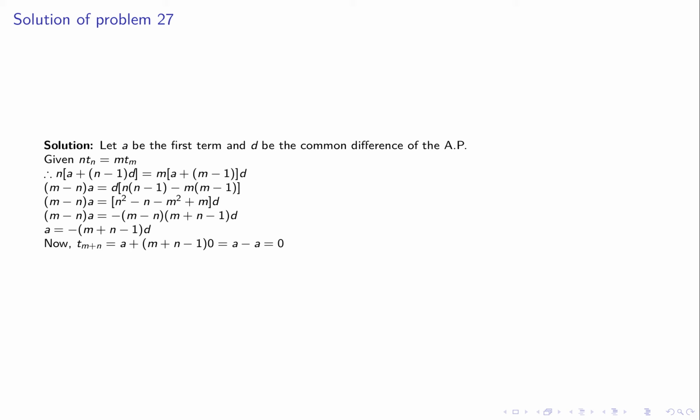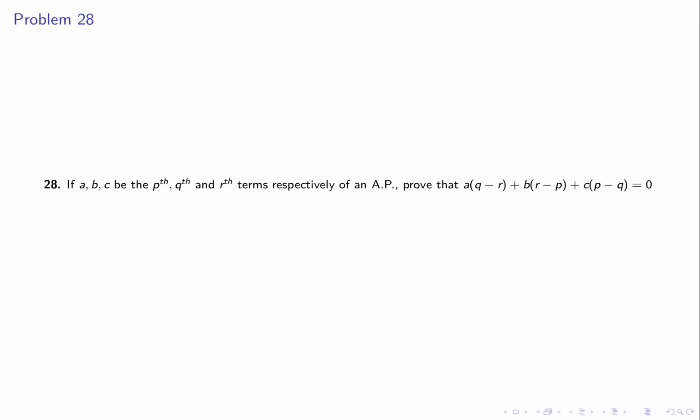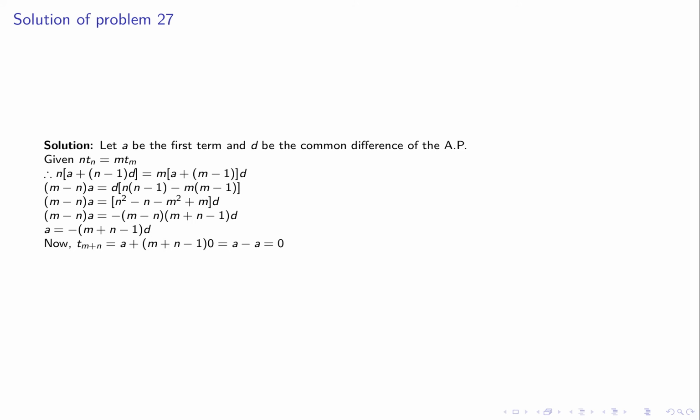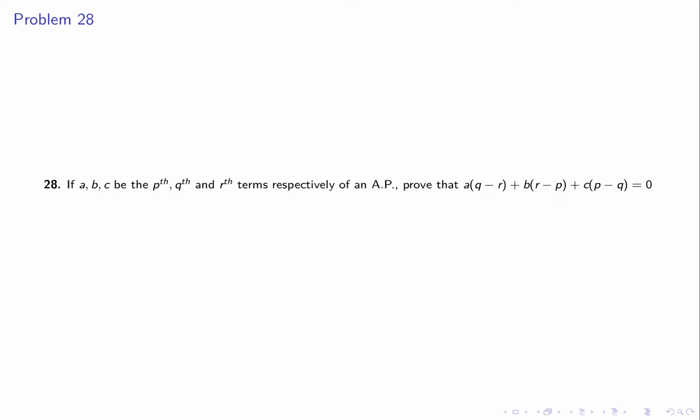Sorry, that should be d, not 0 in the last line. Now we substitute the value of a from the previous equation, and we arrive at a minus a equal to 0. I'll correct this last line here in the slide before putting it to GitHub.